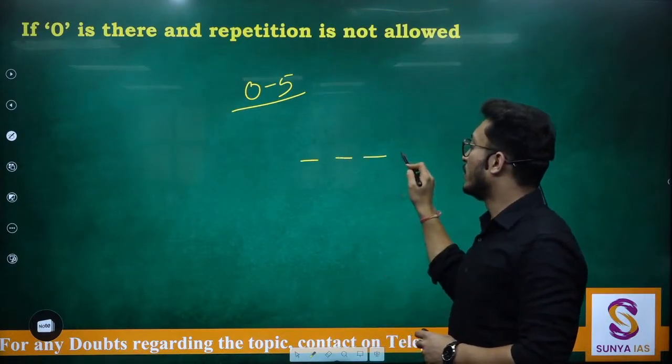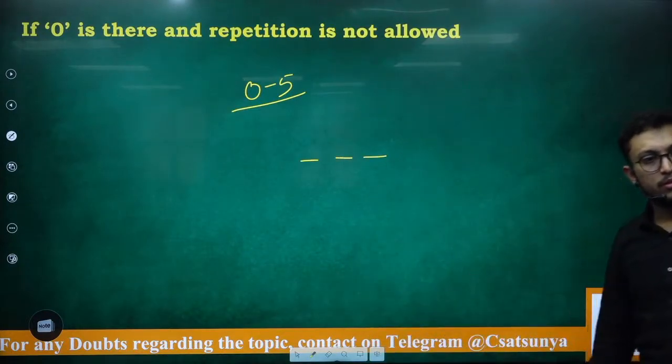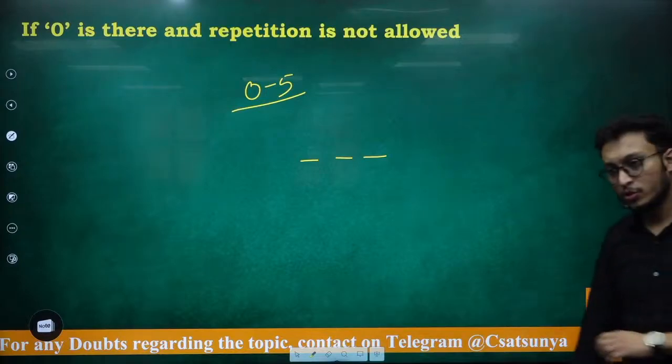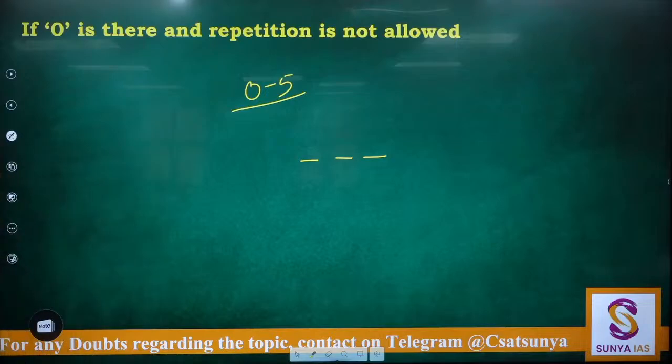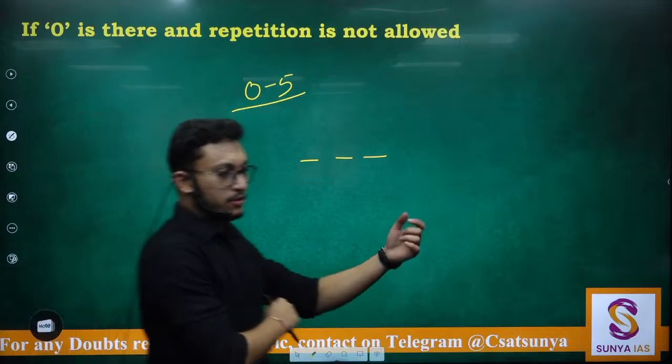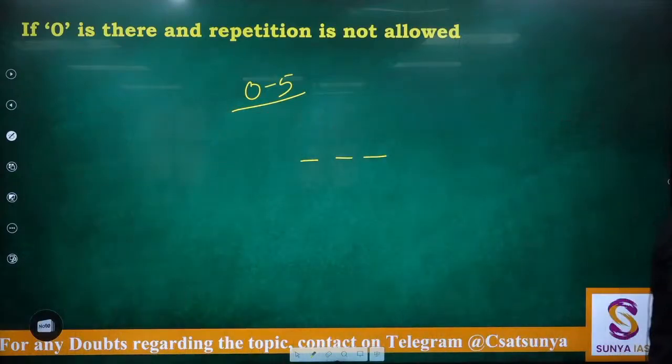3-digit number using digits from 0 to 5, repetition not allowed. 5 into 5, 5 into 4.